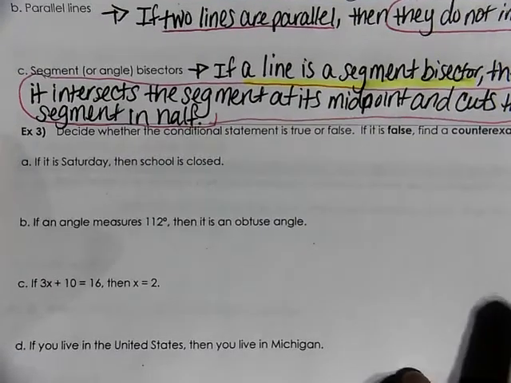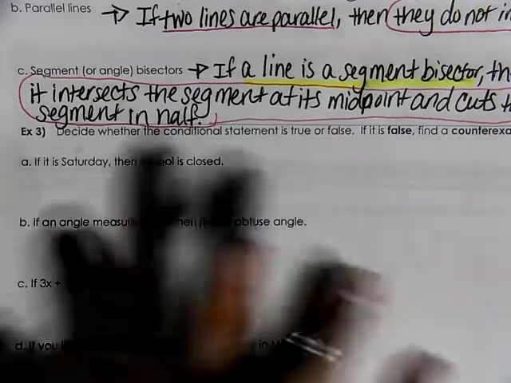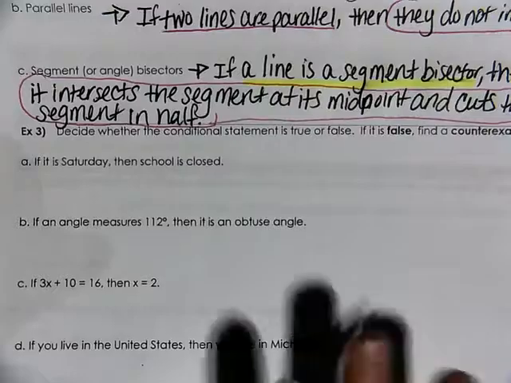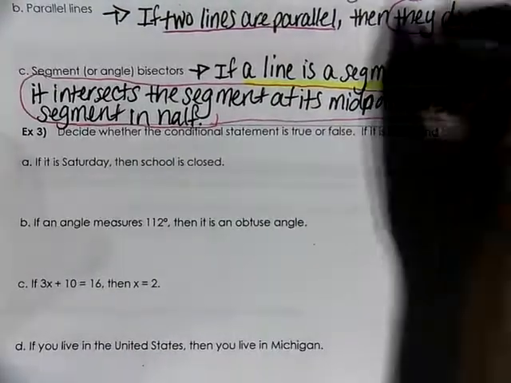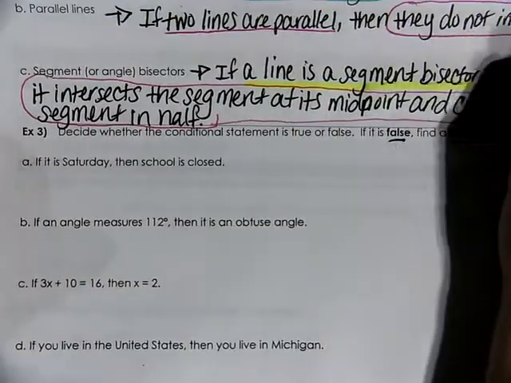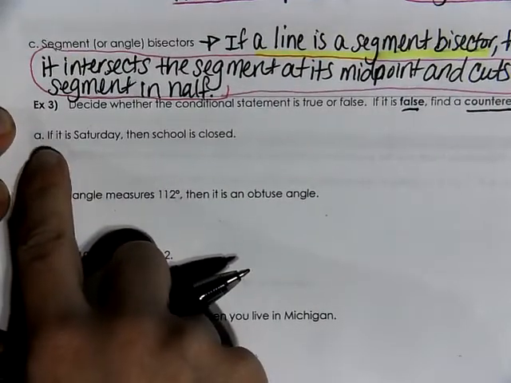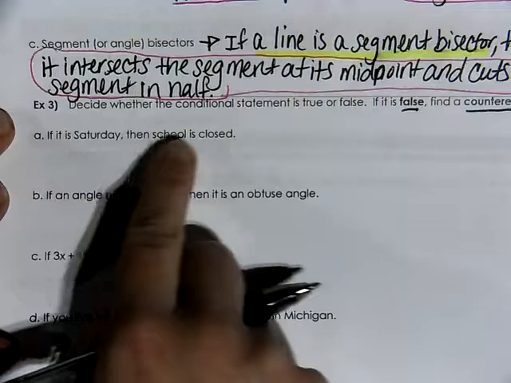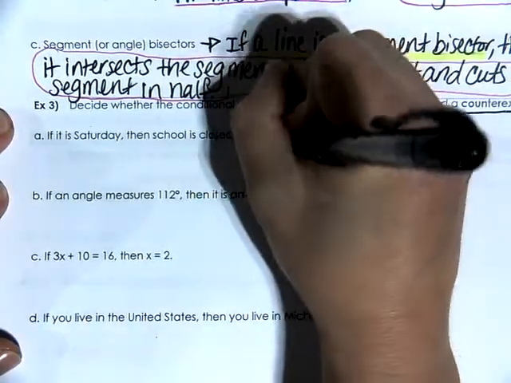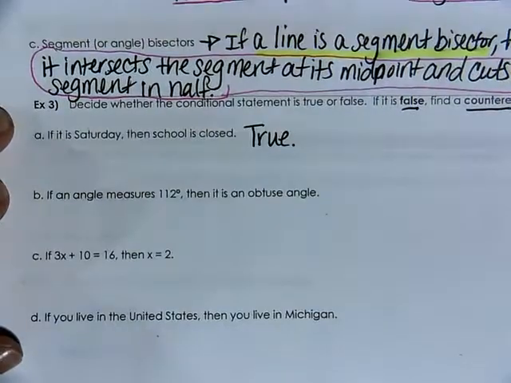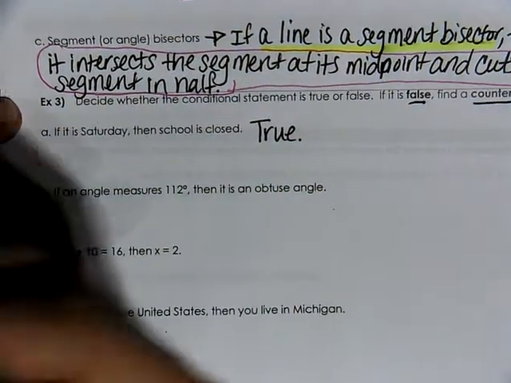So in example number 3, we want to decide whether the conditional statement is true or false. If it is false, then we need to find a counterexample. Letter A says, if it is Saturday, then school is closed. This is a true statement. School is not in session if it is a Saturday.